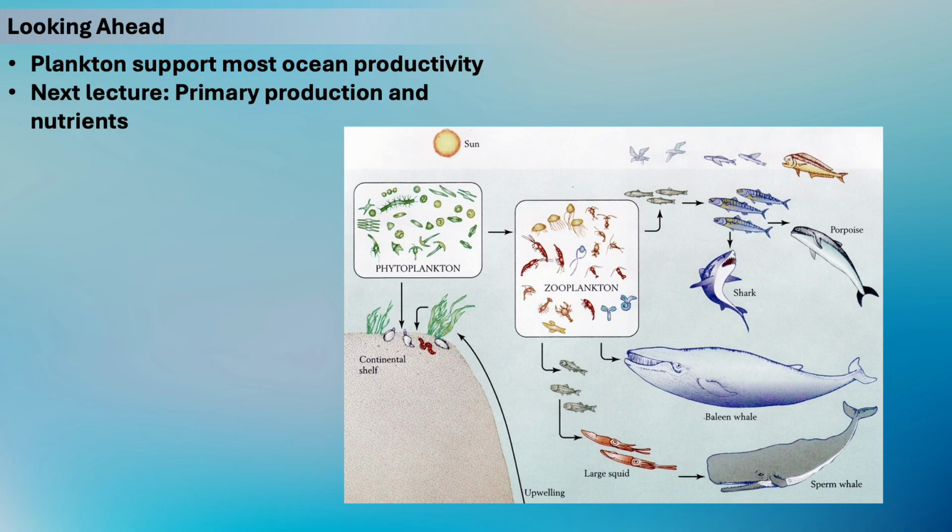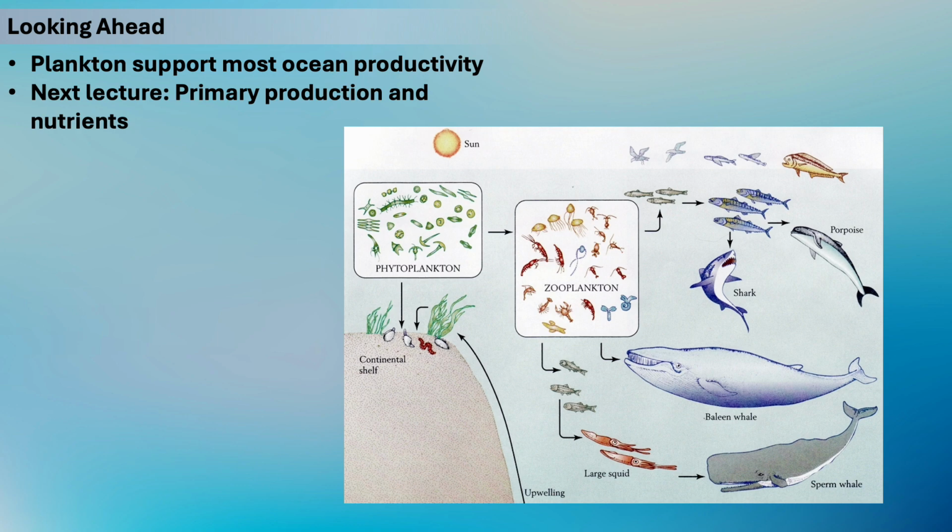One key idea emerging from today's lecture is that not all organisms contribute equally to the functioning of marine ecosystems. Some groups, particularly plankton, play disproportionately large roles in driving biological processes in the ocean.